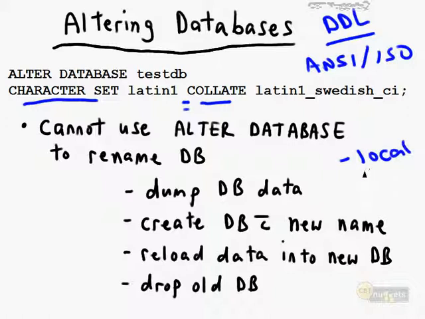What language are we dealing with? Is it German, where you have a lot of accent characters, or Spanish, or French? Or are we talking about a language that uses a very unusual character map, like Mandarin? So the character set and the collate statements are used in conjunction with the alter database statement to make these changes.